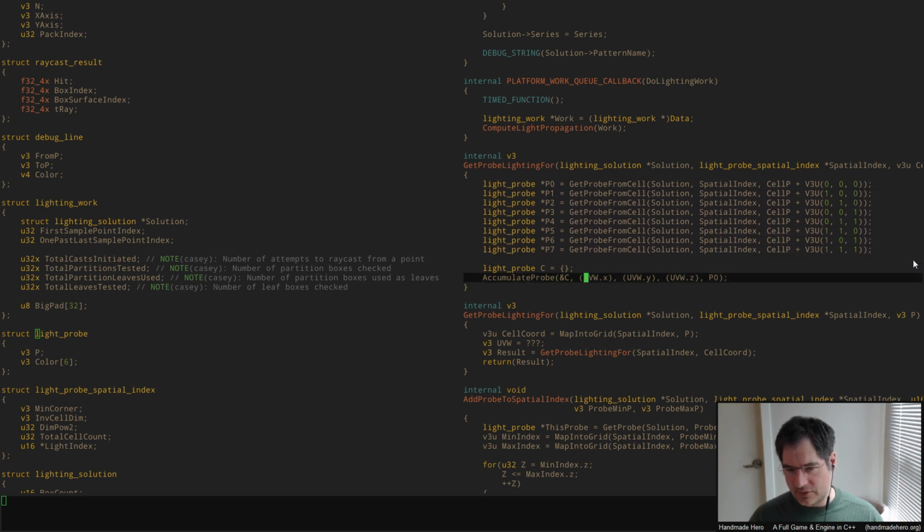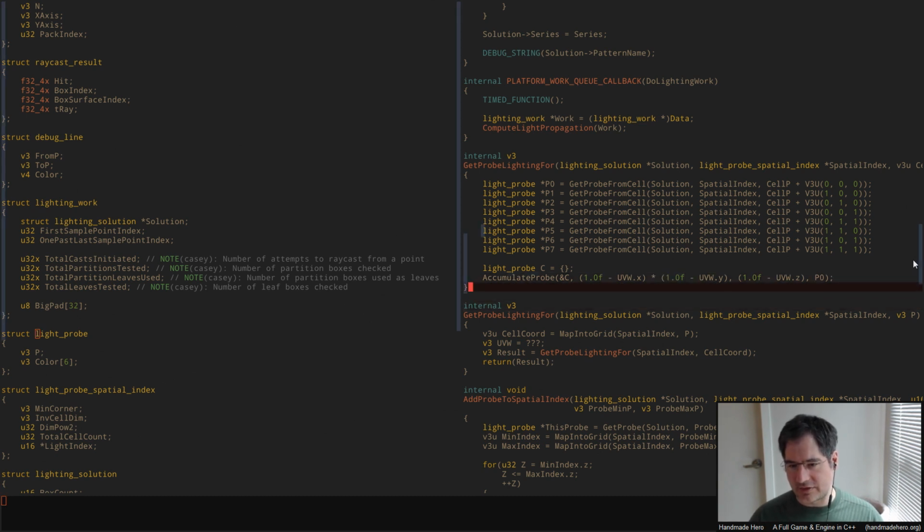So for example, if you look at the UVW X, Y, and Z here, as those go up, I am moving away from the minimum corner. So because this is 0, 0, 0, the weighting here is going to be like this. If all 3 were 0, that's the maximum that I could have.